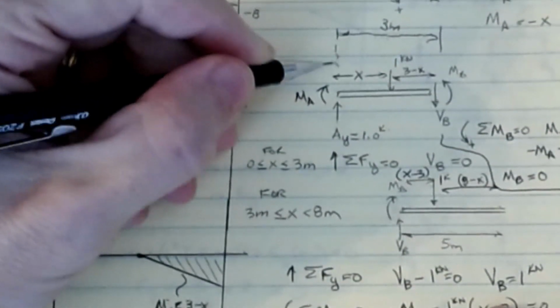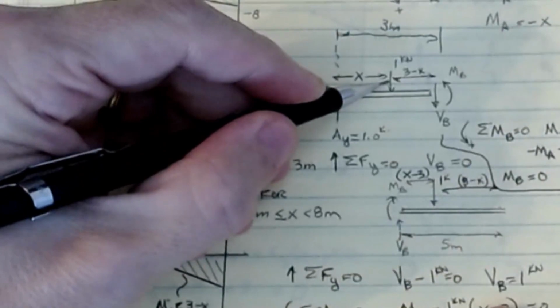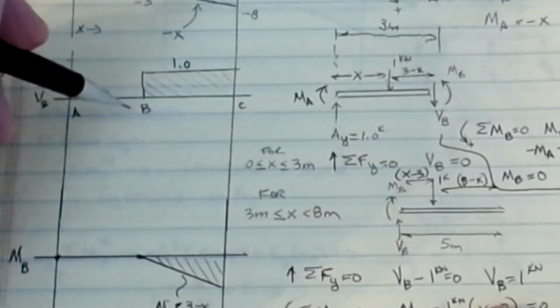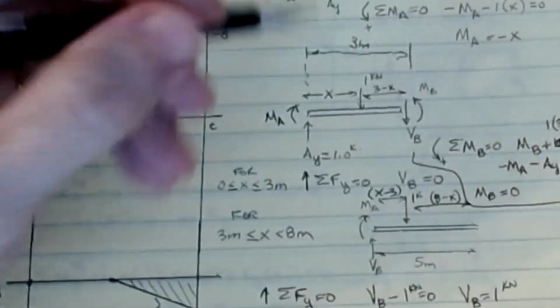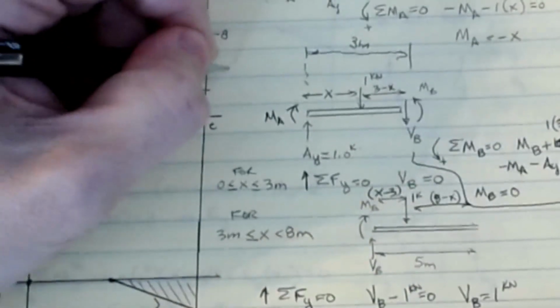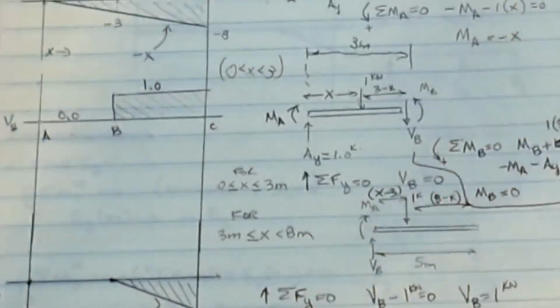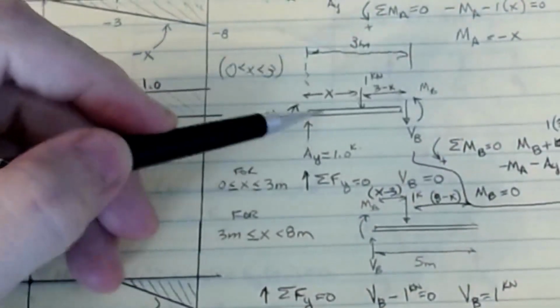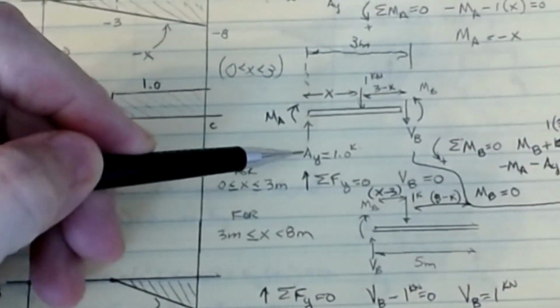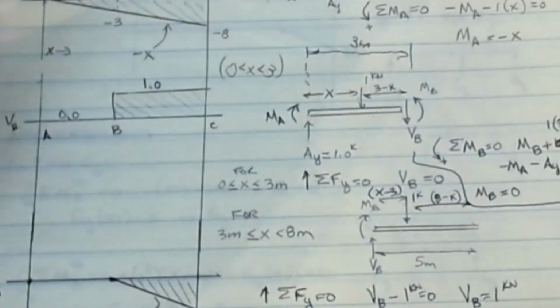We're going to start measuring X from the support, to locate the point load on this first piece. And just like we did before, we have to have 2 pieces on this. I'm going to do the case where 0 is less than X less than 3. That's my first case. Now we play the exact same game. We know that AY is still 1.0.